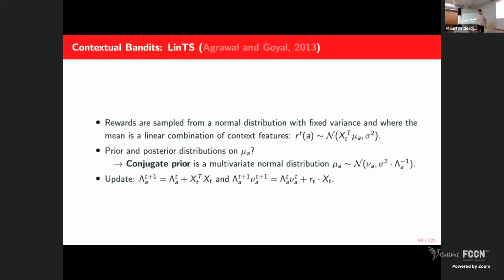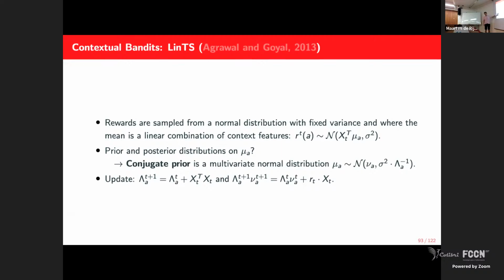Can we still use Thompson sampling? The answer is yes. Now it's called linear, because we will assume that the expected reward depends linearly on the context features. So you have all of your context features, and you multiply by a vector, which is what we want to estimate, and that will give you the expected reward for each action. So still the same thing, conjugate prior, it's also a normal distribution.